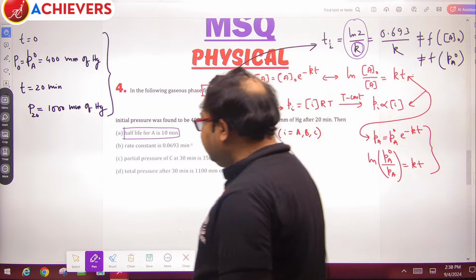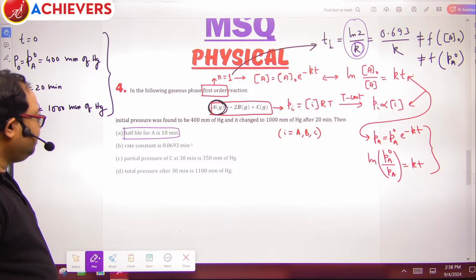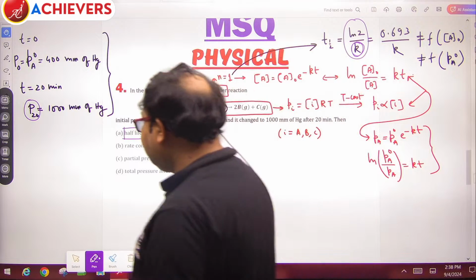So at first let's look into this particular data, P20. What is P20 comprised of?